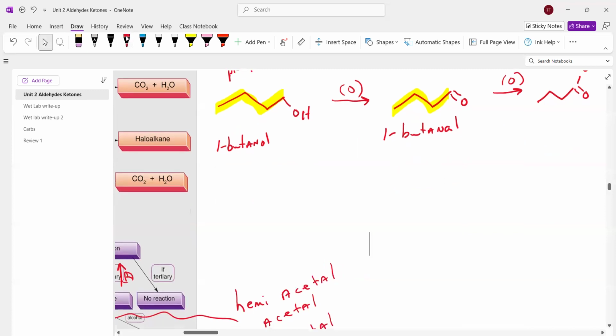I'll say we had our butanol. And we decided to reduce it. Okay, reducing means we add hydrogens back in, and the hydrogen would be added to the oxygen on the end.